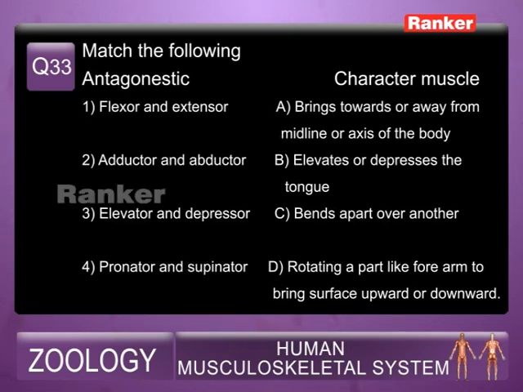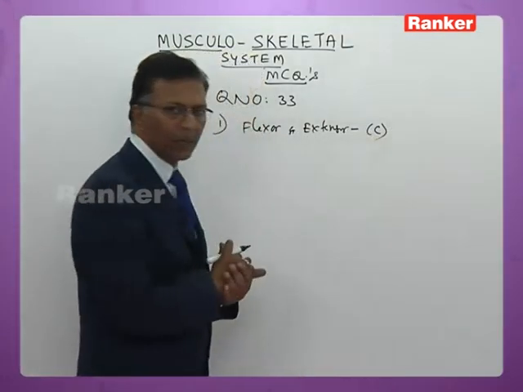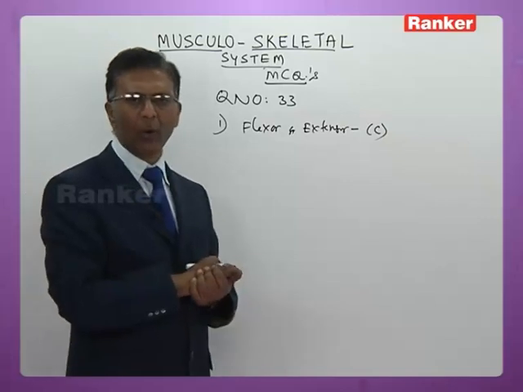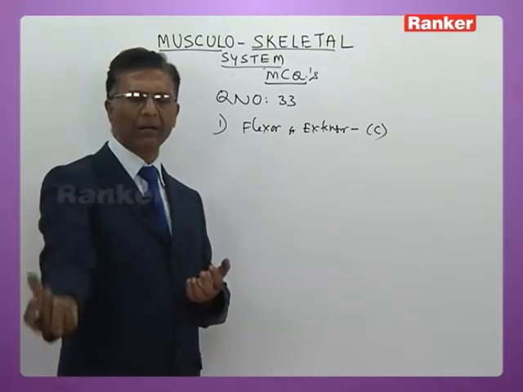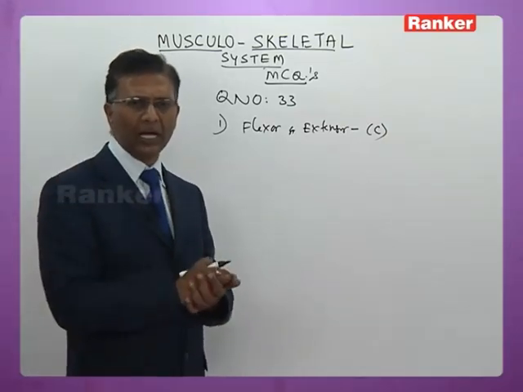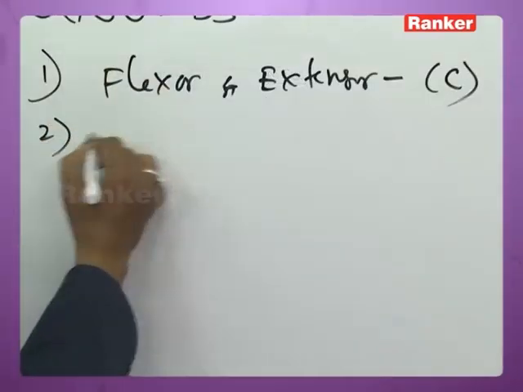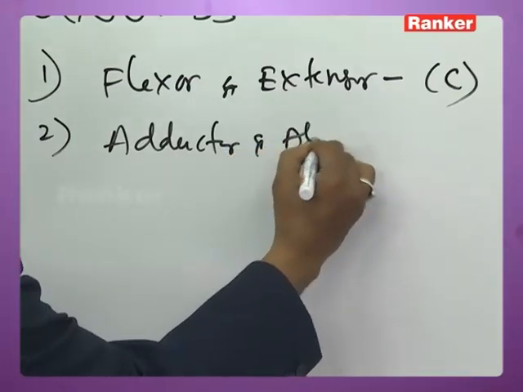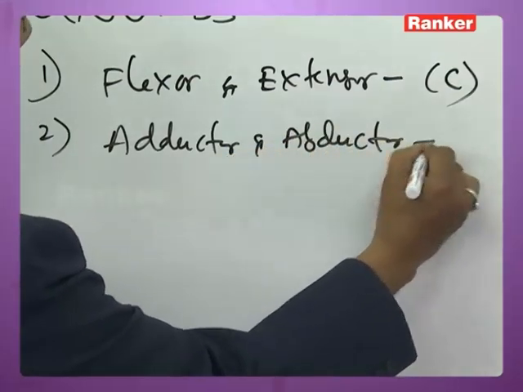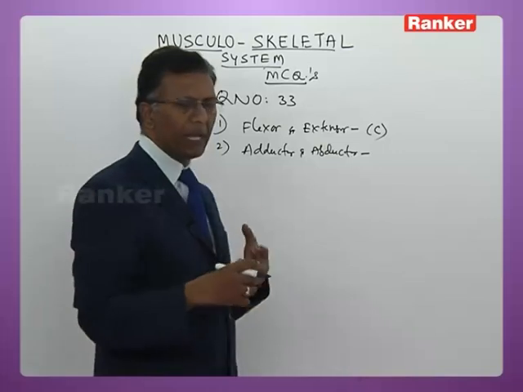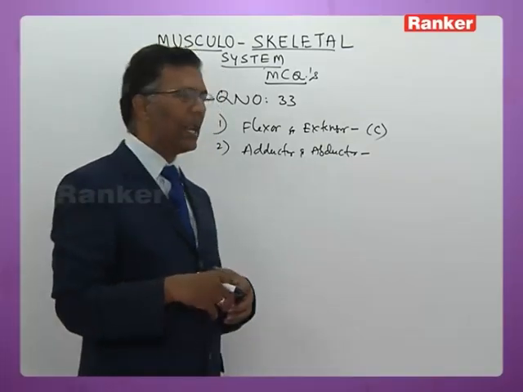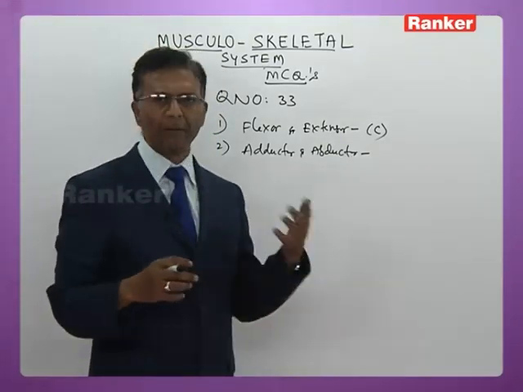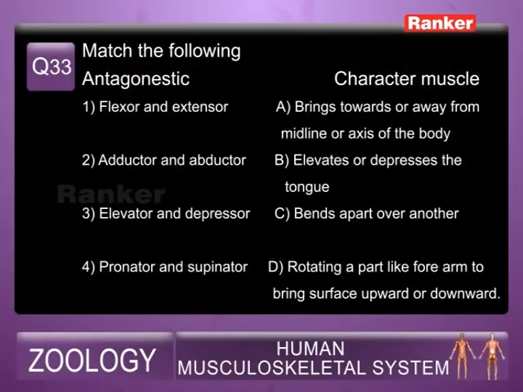So here one is C. C is the correct option, bringing a part of the body over another. The next, second one, is talking about adductor and abductor. Adductor muscles are the muscles which bring a part of the body towards the median axis, abductor away from the median axis. So here option A is the correct one.